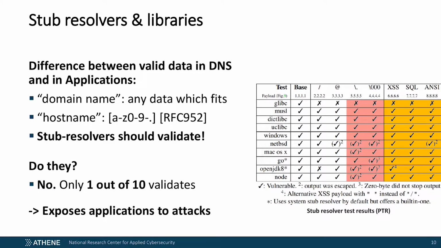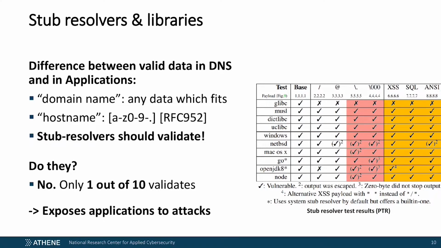When you didn't have the DNS, you had these hosts.txt files where you just had all IP addresses and all host names inside a file. This standard says that a host name can only contain alphanumeric characters. And this is still the standard standardizing stub resolver behavior, so those library functions to this day, which, if you read it strictly, you would find that the stub resolvers should validate this data and therefore protect the application from a typical injection attack, because it would validate the data.